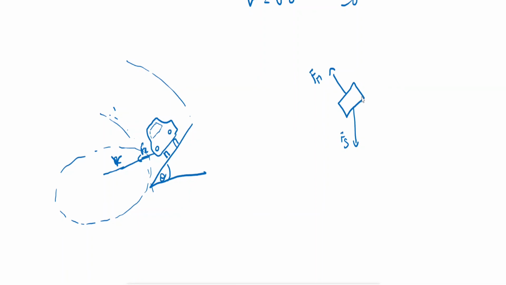Now remember, because there is the component that is going this way, you have to have the friction going that way, so that your car is not slipping, it doesn't skid and all of that. So your friction has to change. You do need some friction going that way so that it prevents your car from going that way, right?